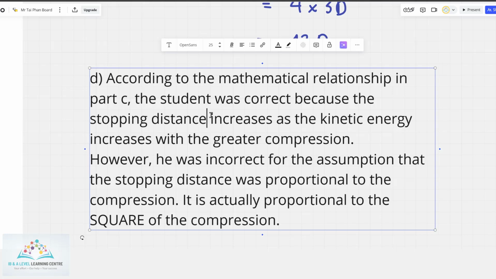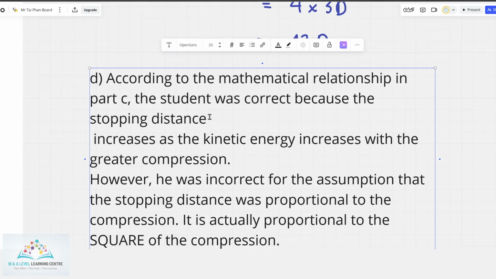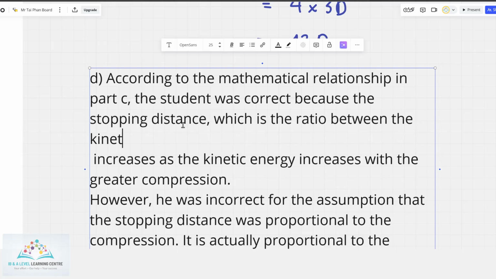We can add another clause here: the stopping distance is the ratio between the kinetic energy and the frictional force.